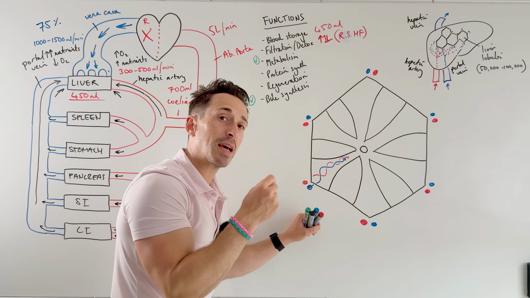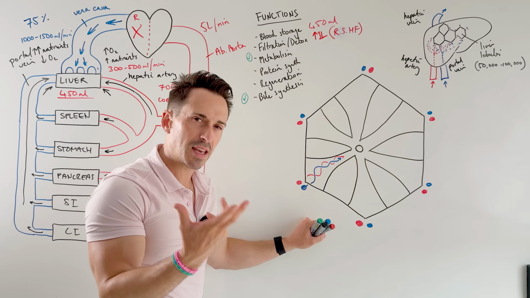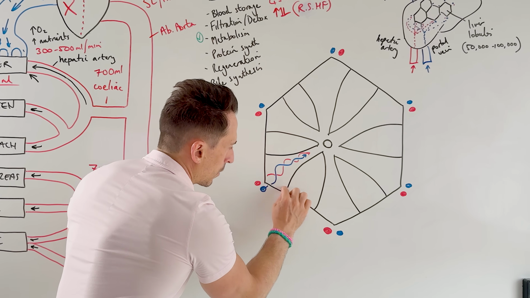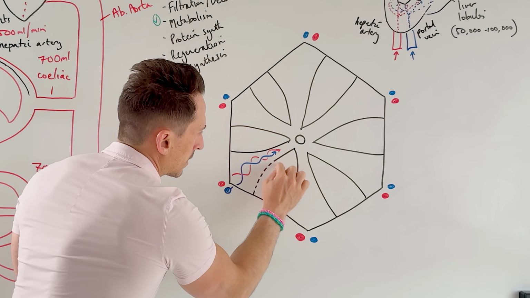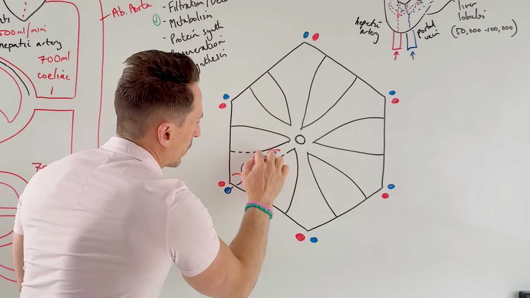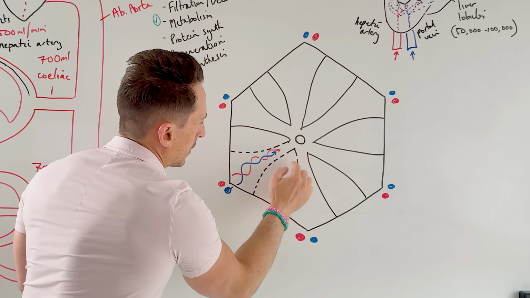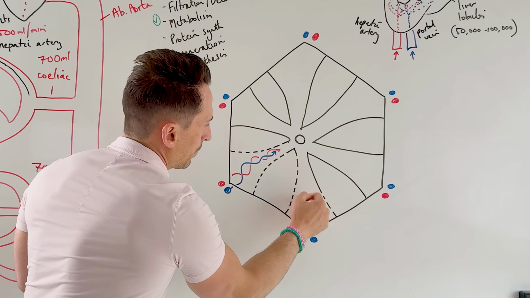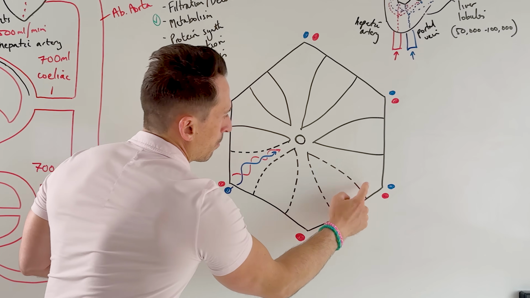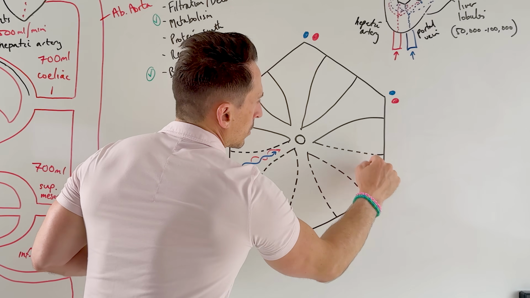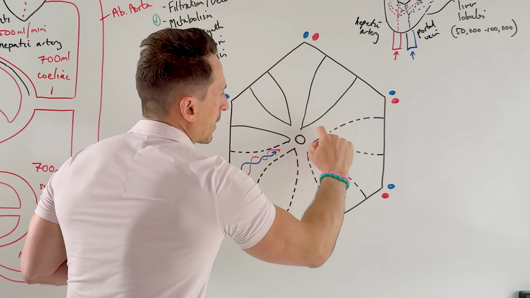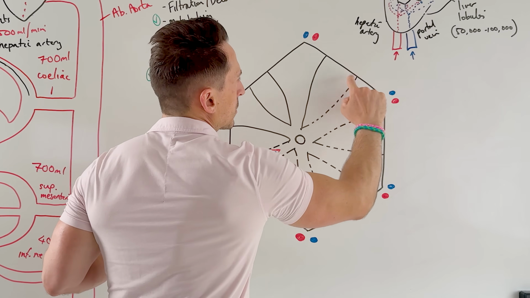And here's the thing. The sinusoid contains epithelial cells, endothelial cells, right? So you can rub this out like this because they're epithelia with gaps between them, right? So you could do that all throughout. And this is important because this is what makes it sinusoidal. Remember when we spoke about capillaries in another video, there's different types of capillaries.